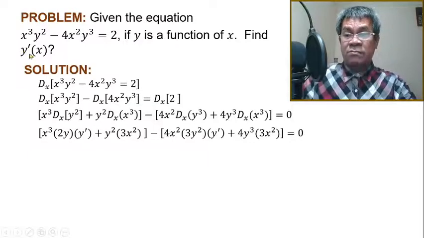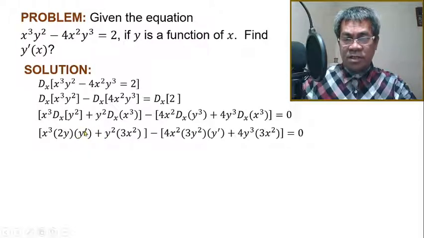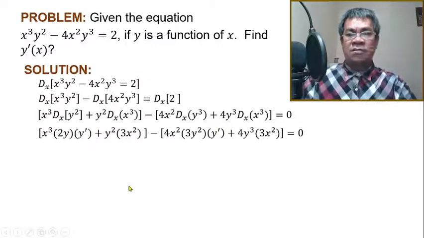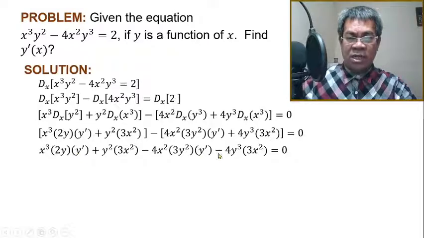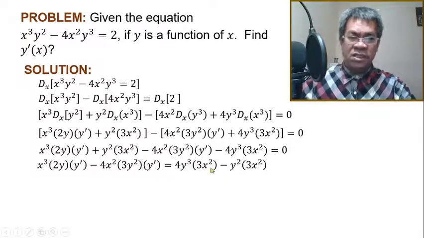Then what? Remember the required is the derivative. In this side, we have the presence of y prime. This is actually unknown, and we have 2 values. So with that, remove the grouping symbols, then combine like terms. The like terms now are the terms that have y prime, because we want to combine that. So transpose to the right side the terms that have no y prime.